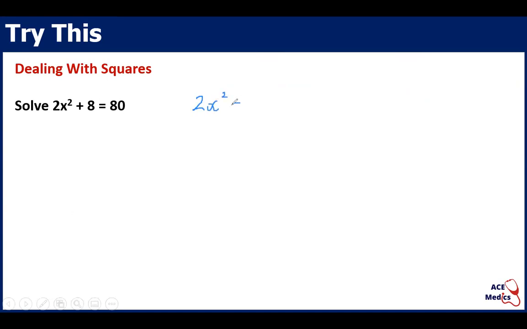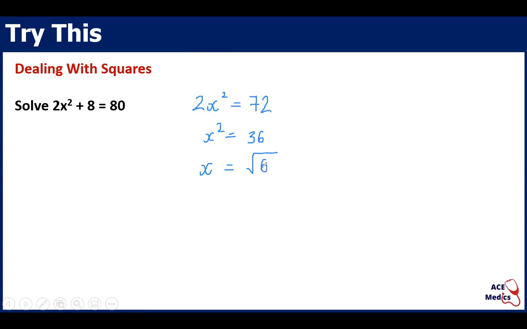Let's take away 8 on both sides, and we'll get 72. Now let's divide by 2. We're getting a bit closer to our x being by itself. If we divide by 2, we get 36. And then if we square root it, we're going to get 6.